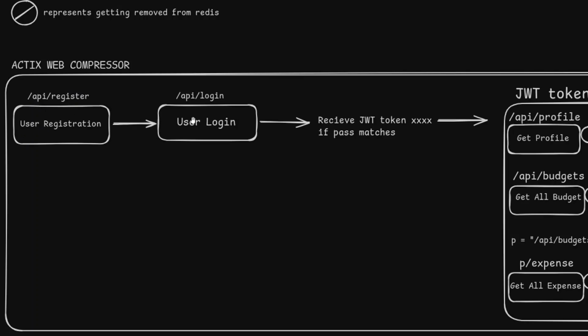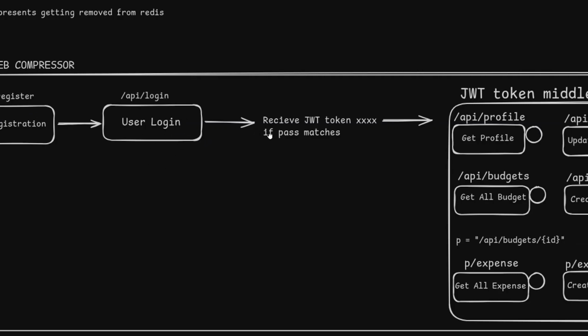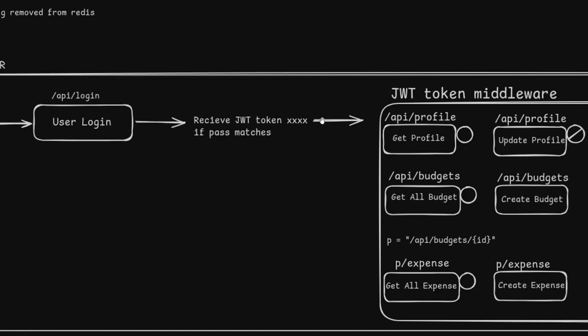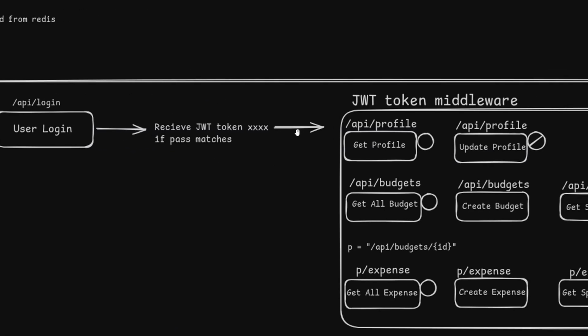And then we are going to go to /api/login, and in /api/login we will verify the password that was given at user registration against the one entered right now. If that passes, we will receive a JWT token, and we set the JWT token to a specific expiry time.